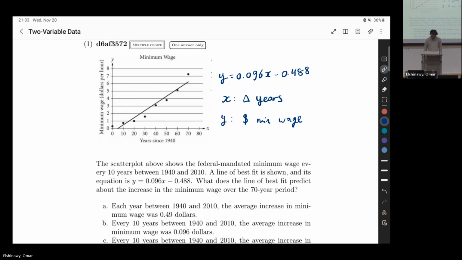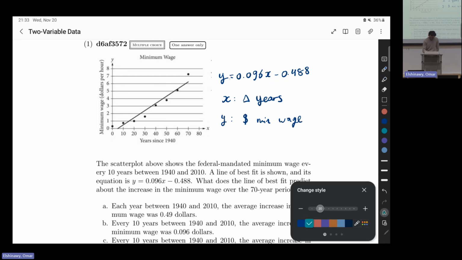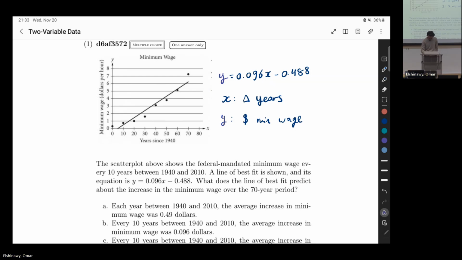Now, we would like to understand what this means in the context of this mathematical statement. I mean this one, so this representation of a function. So what happens with each one step x?